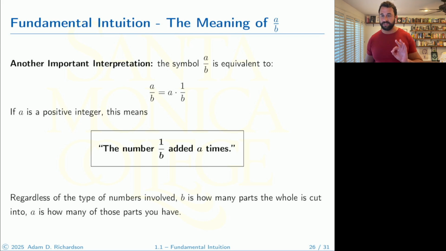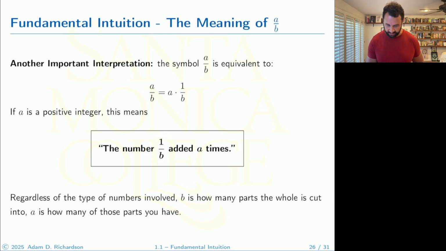Okay, here's another important interpretation. We're going to see a few of these for fractions. a over b is equivalent to this as well. You can pull that a into the front, and you can write it as a times 1 over b. And this is going to be really helpful later on when we're doing more algebra, right? But if a is a positive integer, this just means add 1 over b, a times.